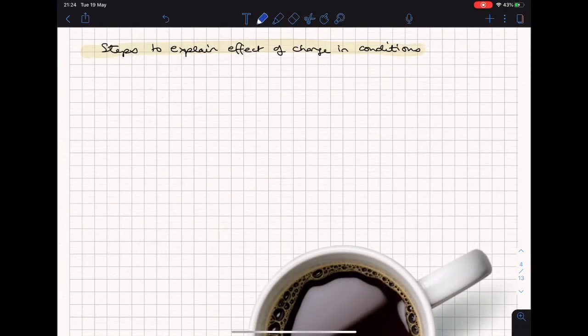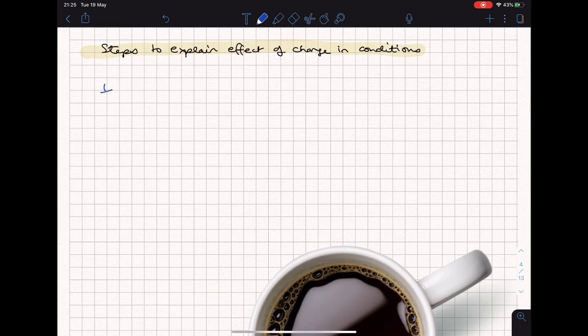So what I'm going to do now is give you some steps to help you answer questions on Le Chatelier's principle and working out the shift in equilibria for the changing conditions of an equilibrium mixture. So the first step is to work out and state which reaction, whether it's the forward or reverse, is favoured.